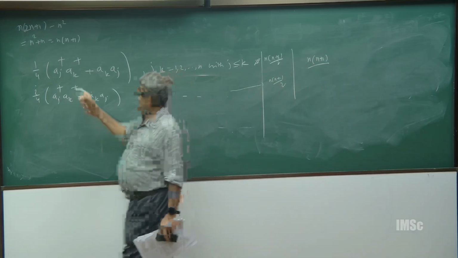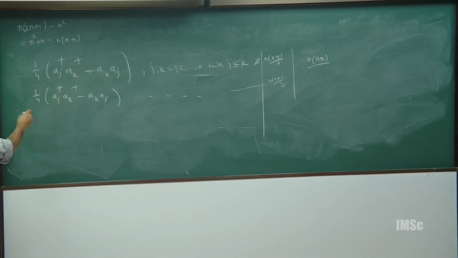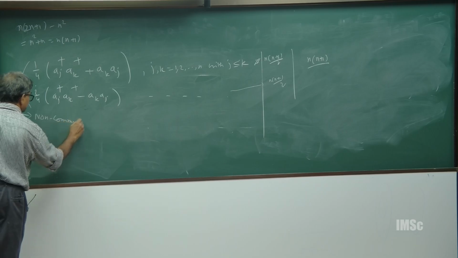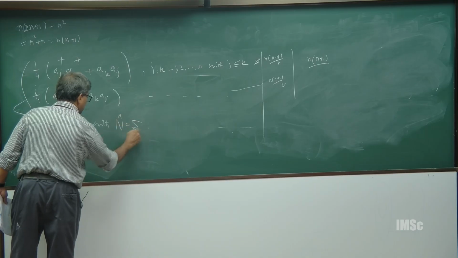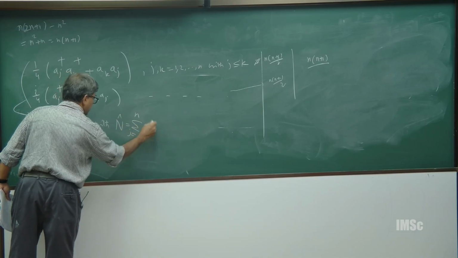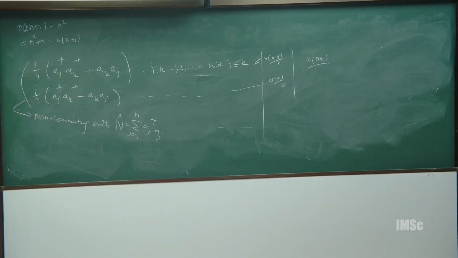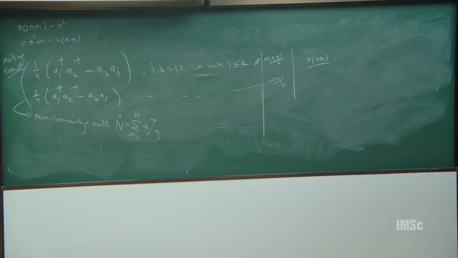So, therefore, you have obtained all these generators, and these are all non-commuting with n, which is the sum over j equal to 1 to n of a_j dagger a_j. So, therefore, this will give rise to active transformation. Okay, and this is squeezing, right.